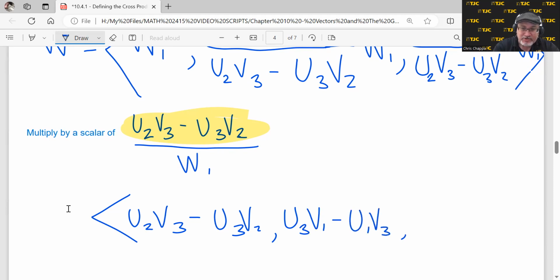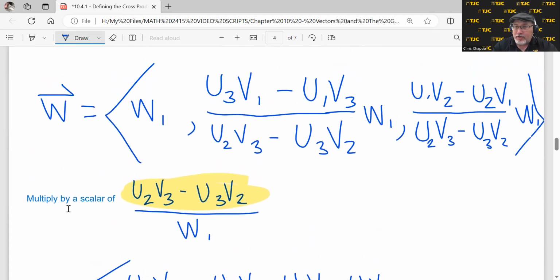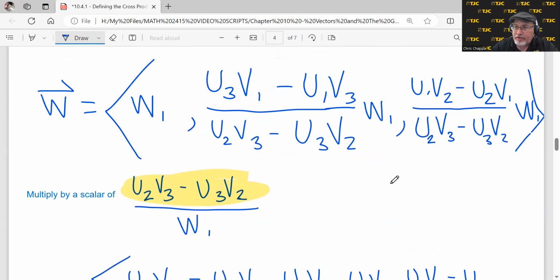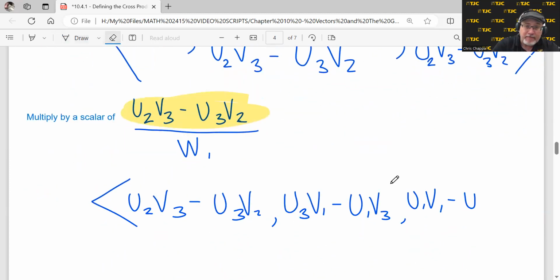And you'll notice there's some symmetry in each of these subtraction problems, that the subscripts just switch between U and V. And then the third component is going to lose its W1, lose its denominator, and become U1 V2 minus U2 V1.